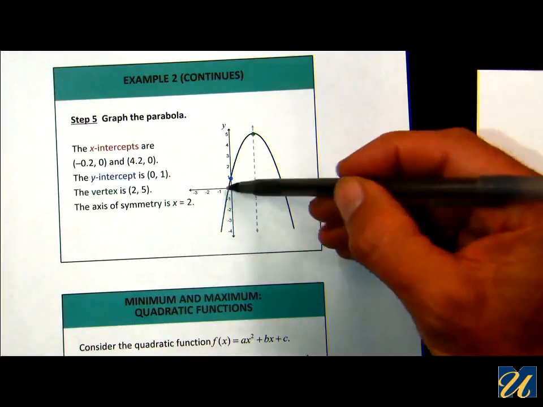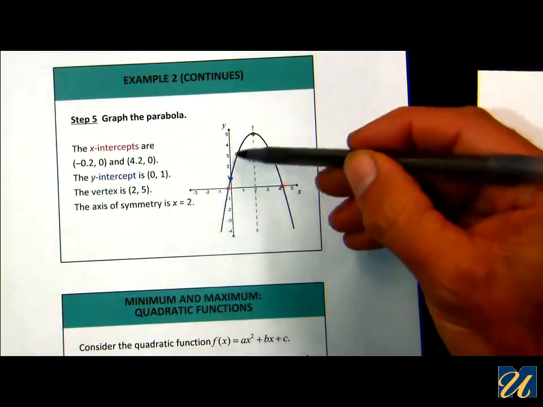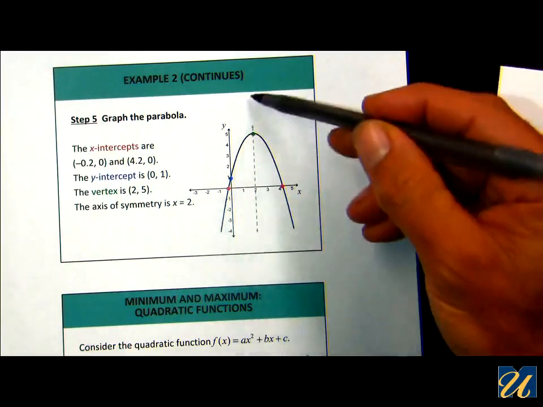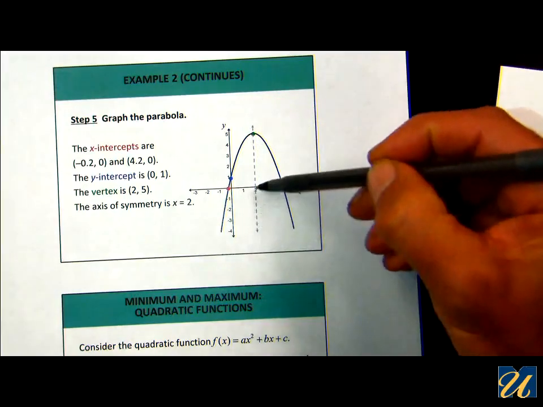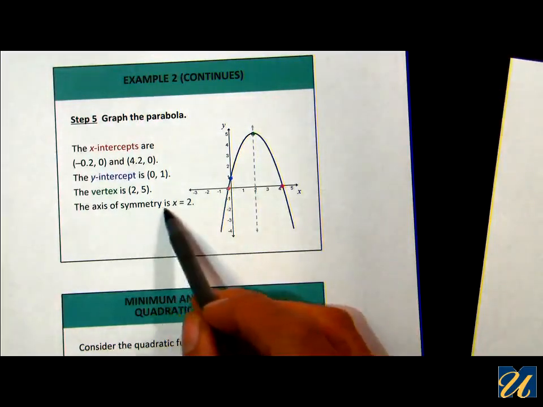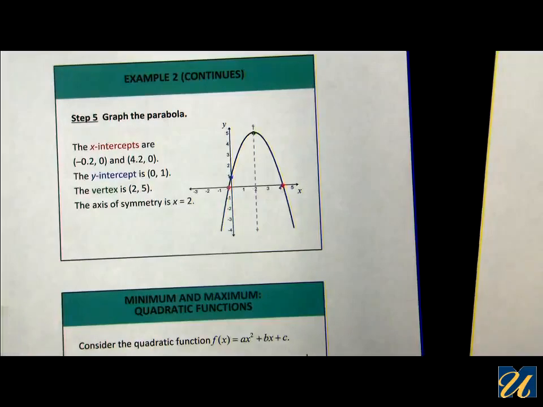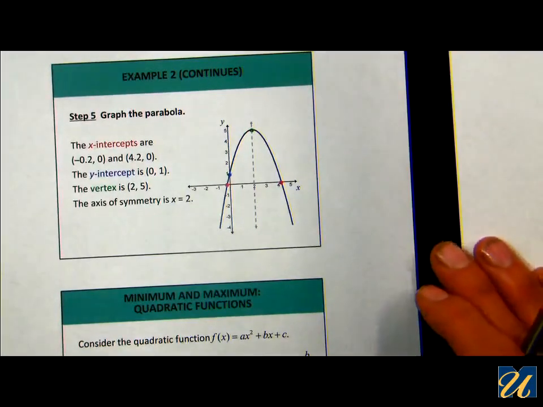We got one negative and one positive x-intercept, and a nice smooth curve in a frowning type shape. Perfectly symmetric right there through the vertex. If the x-coordinate of the vertex is 2, then the axis of symmetry is x equals 2. And that's how we graph most parabolas.